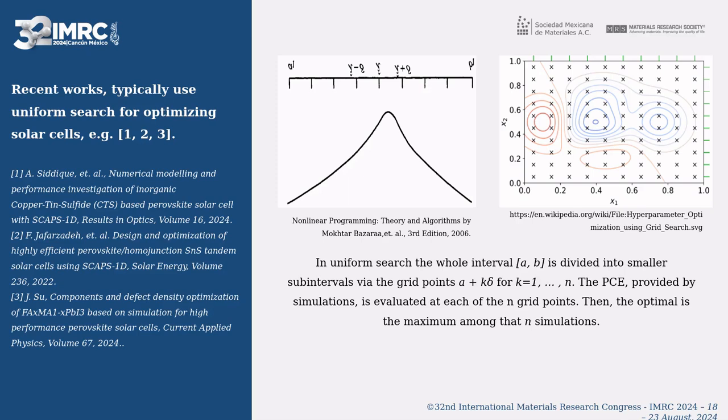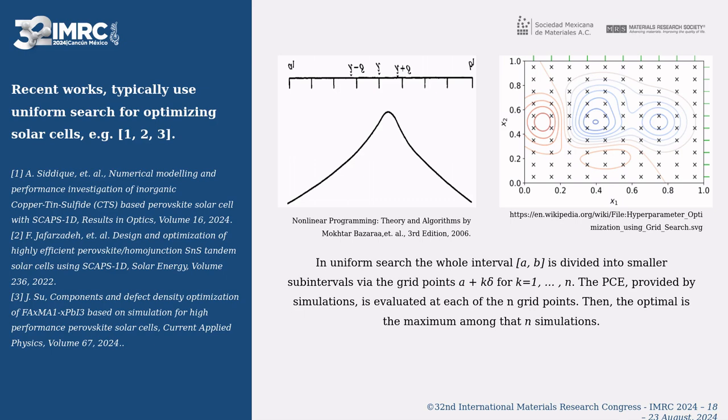Typically, recent studies explore a specific subset of parameter space. This is done by defining a grid of possible values to then evaluate every combination of values. In mathematical optimization, this method is known as uniform search. In uniform search, we decide beforehand the points at which the simulations are to be made.